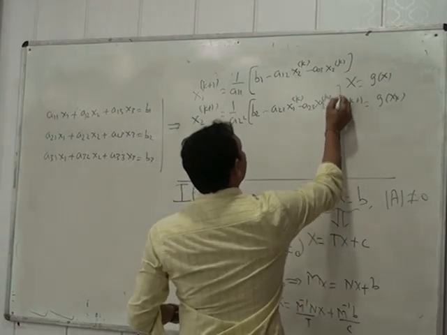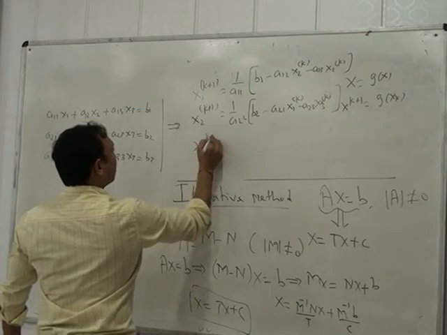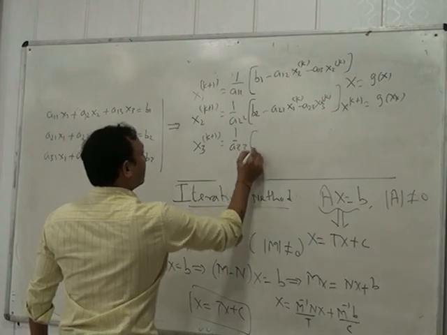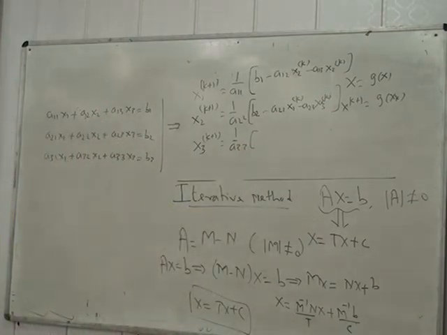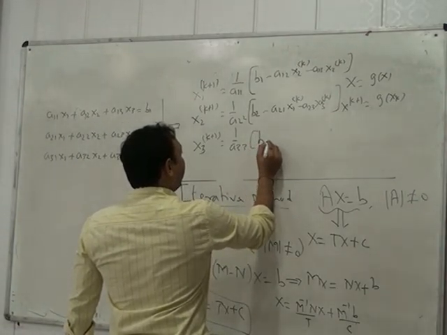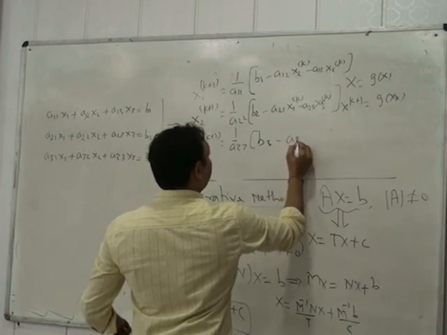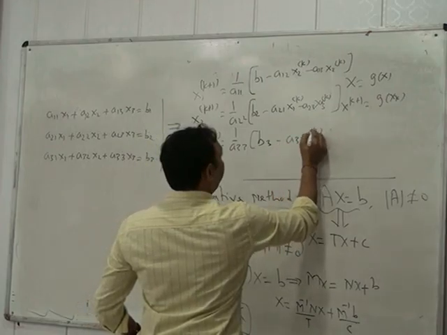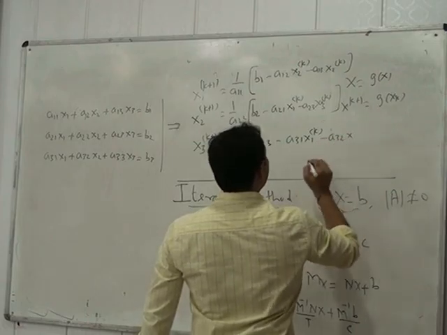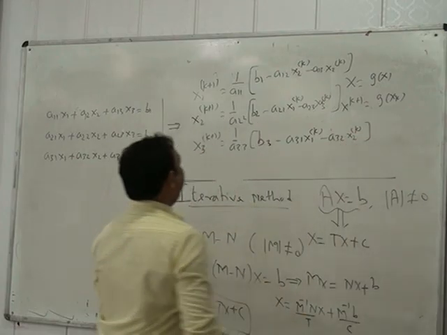Yes. Similarly, I can write x3 at k plus 1: this is 1 by a33 times b3 minus a31 x1 at k minus a32 x2 at k. And now I can solve.